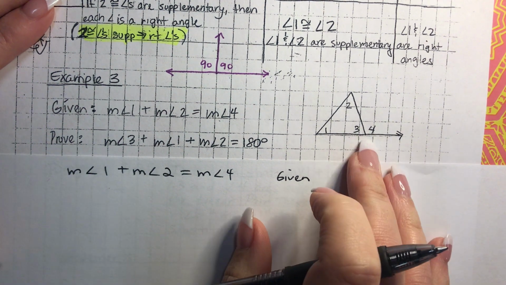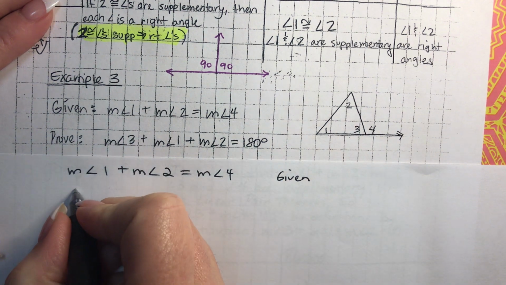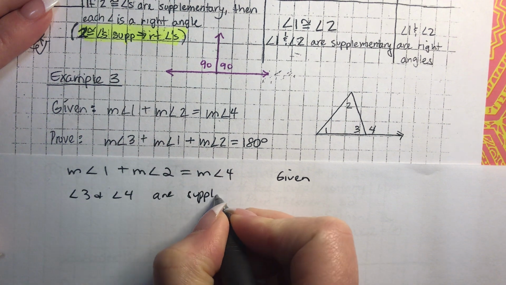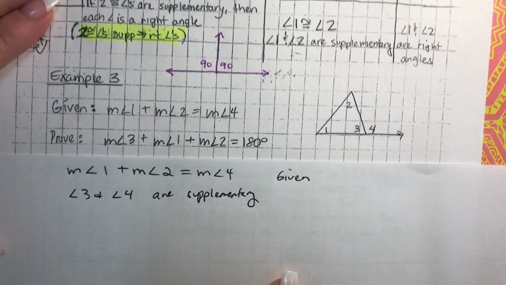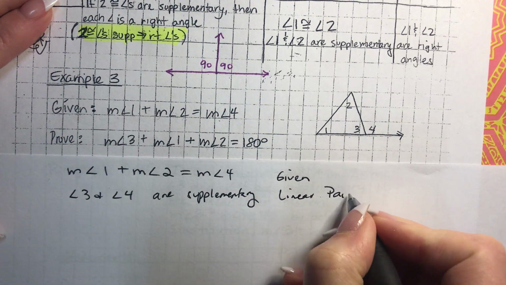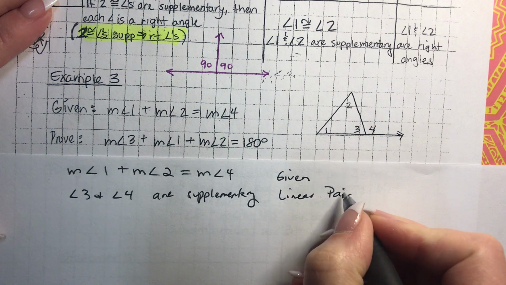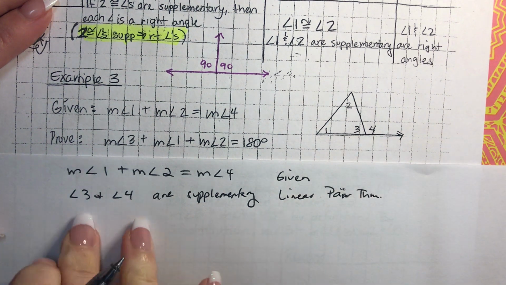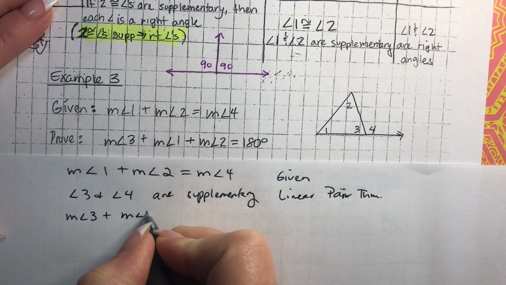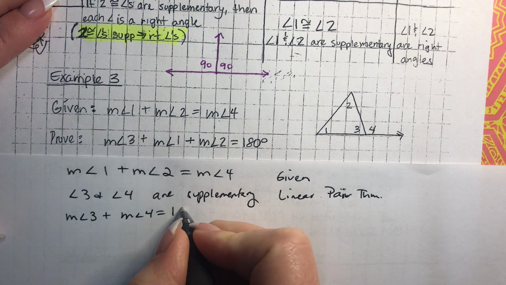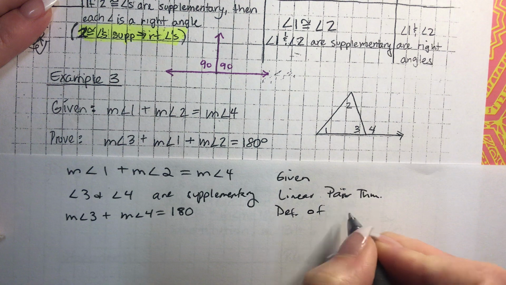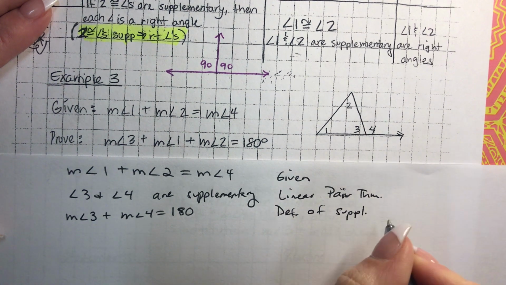So what we can say is that angle 3 and angle 4 are supplementary. Does anybody remember why we can say that? That would be the linear pair theorem. Then from here, we could say that the measure of angle 3 plus the measure of angle 4 equals 180 degrees, by the definition of supplementary angles.